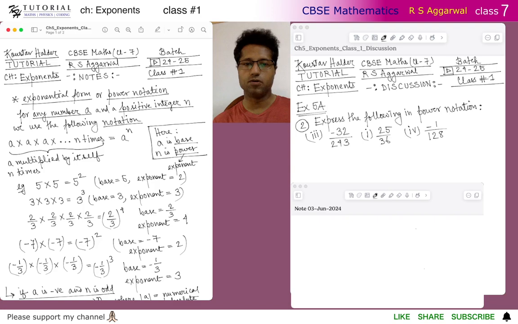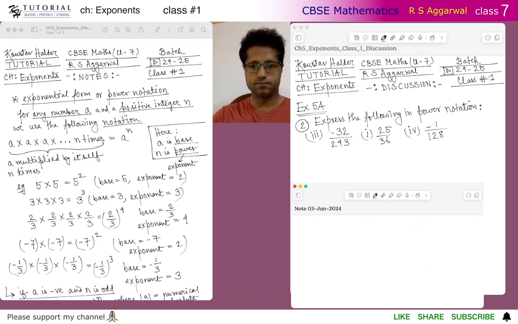For a number a and a positive integer n, meaning n is a natural number, we use the following notation: if we multiply the number a, n times by itself, then we write it in short form as a to the power n. It is read as a raised to the power n.